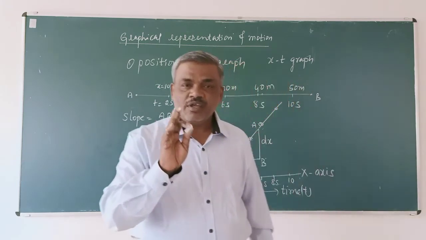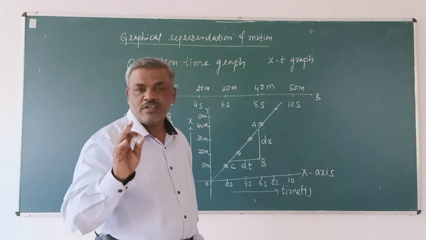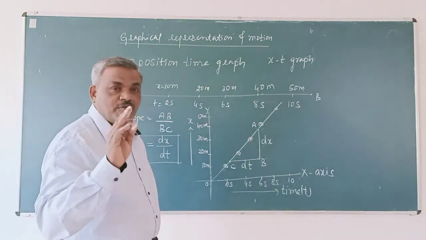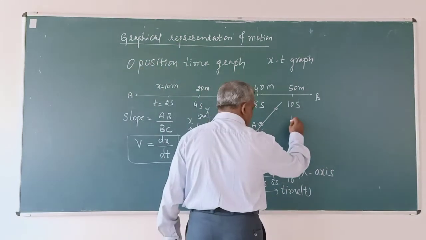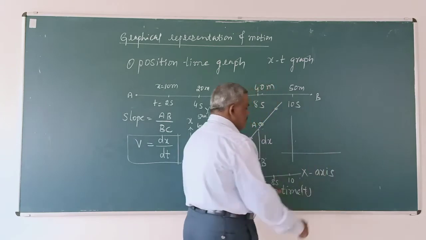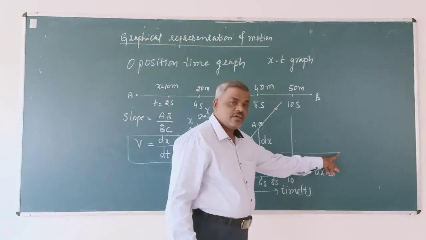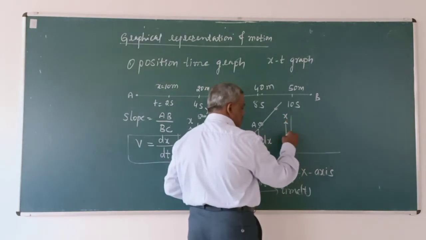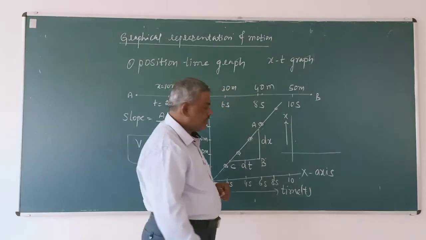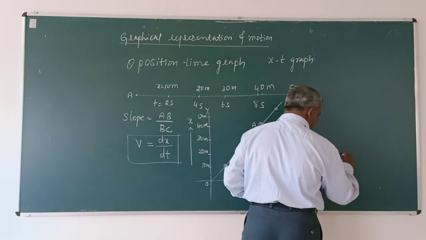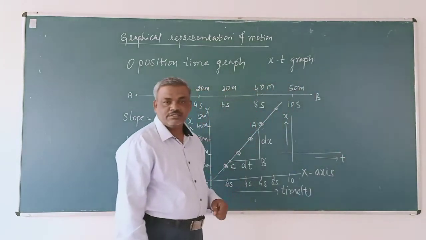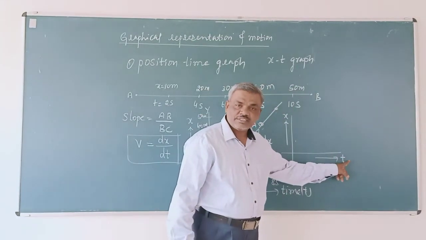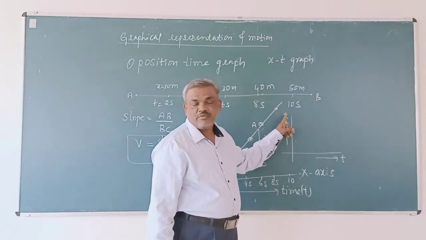And sometimes two more questions. Draw the position time graph for a body at rest. So this graph. This is the x-axis, here the y-axis. The position is taken along the y-axis and time is taken along the x-axis. Now t, time, along the x-axis, position x along the y-axis.